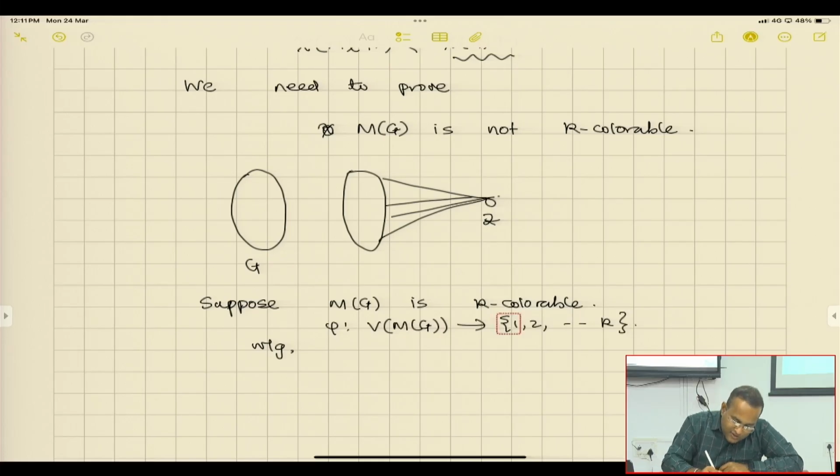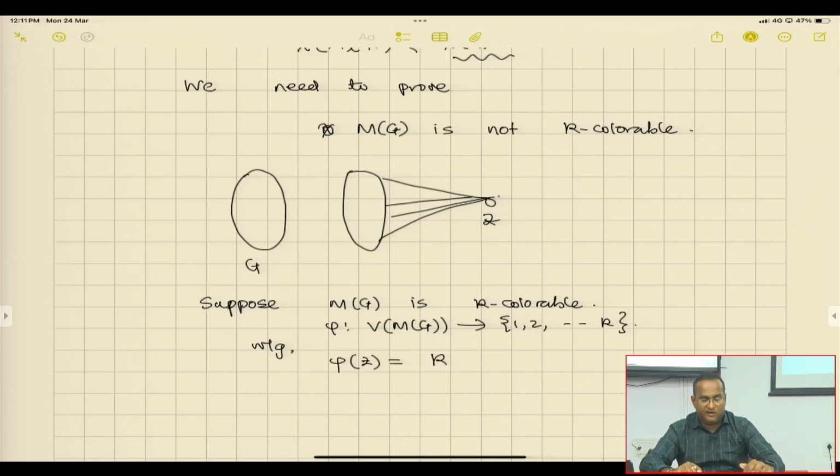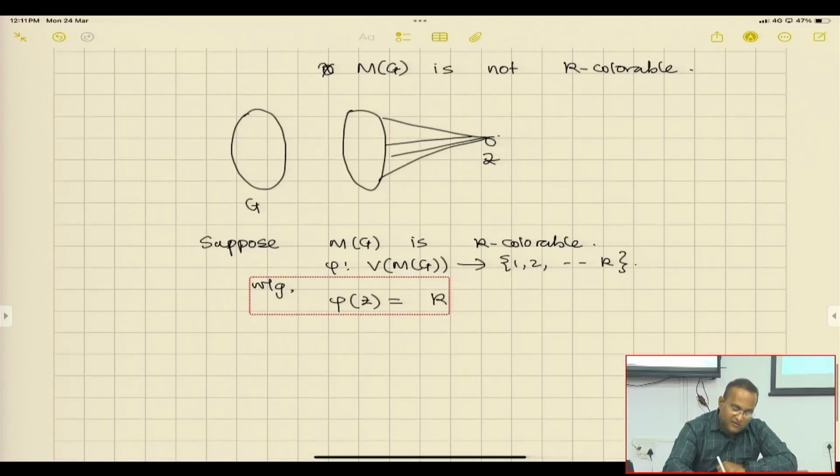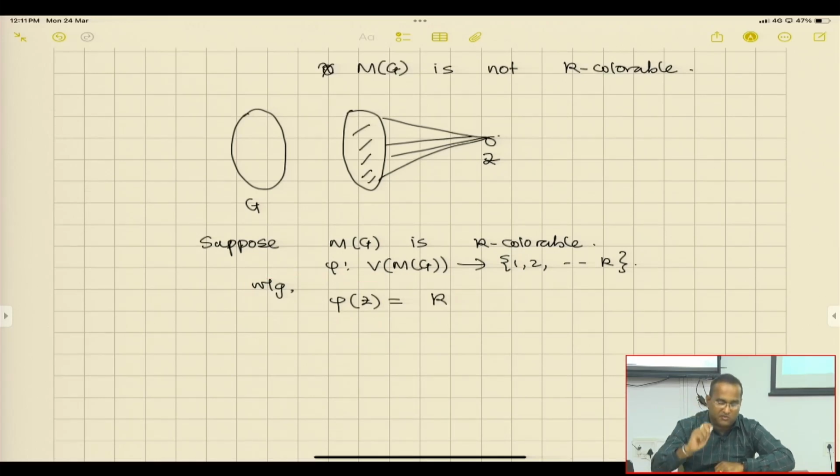Without loss of generality, let us take that phi of Z is the kth color. So what about the colors assigned to the Y vertices? They are going to use 1 to k minus 1, right?